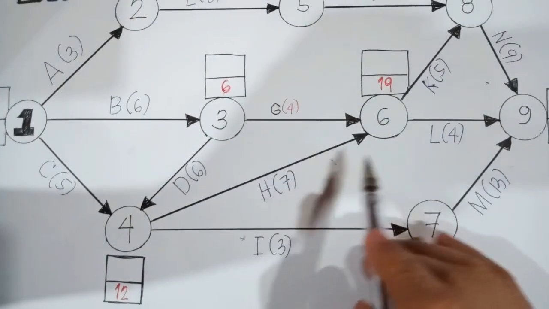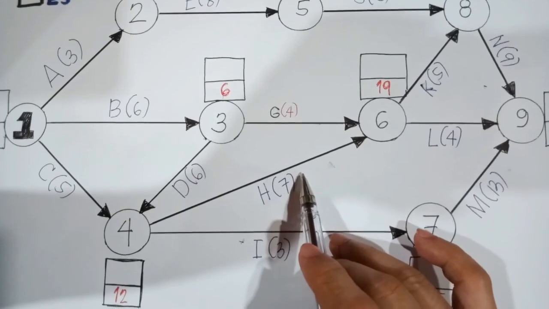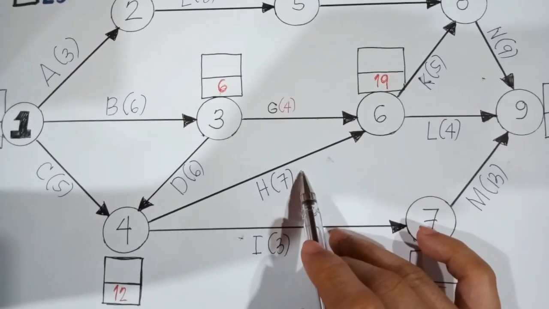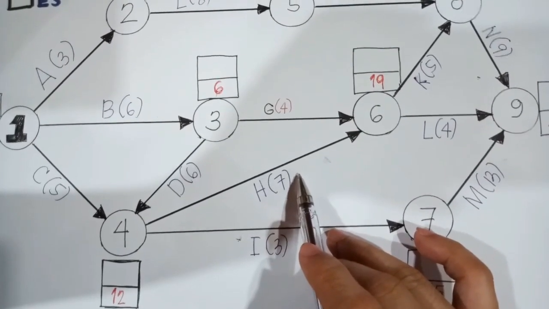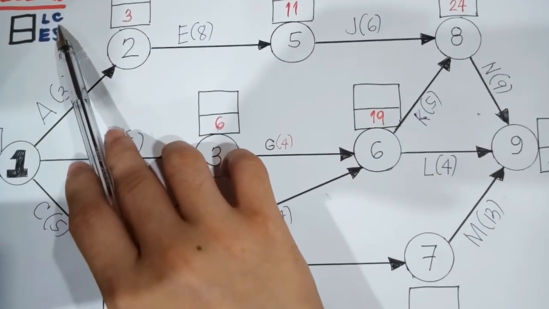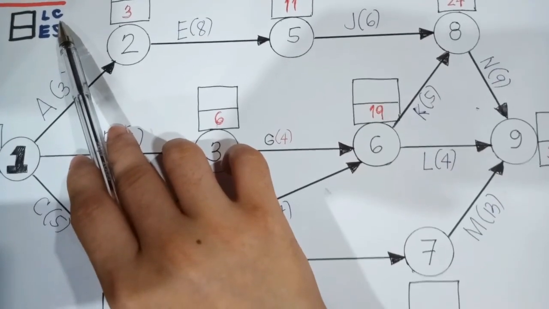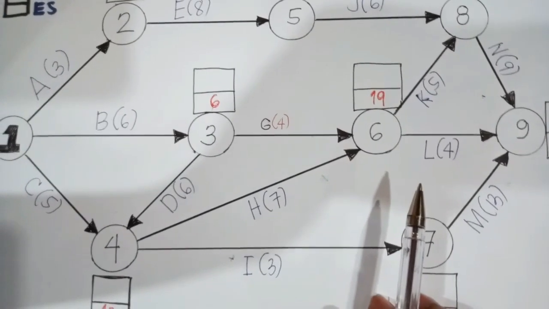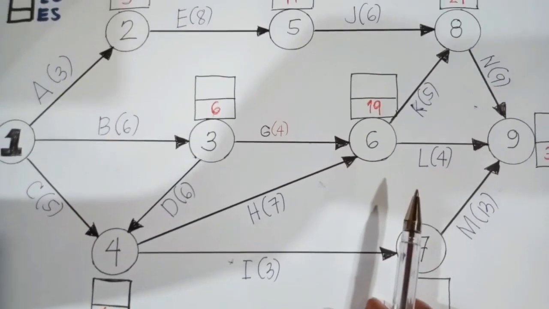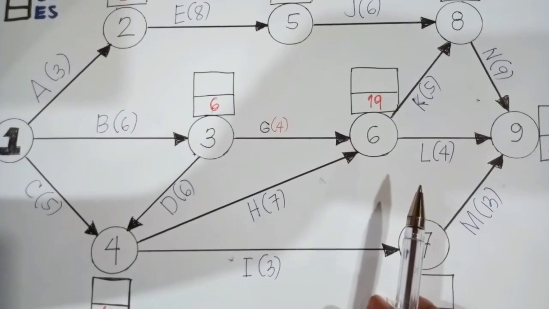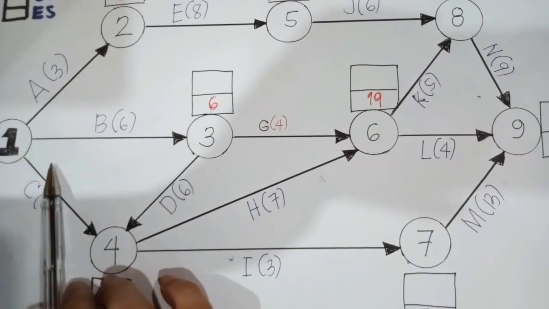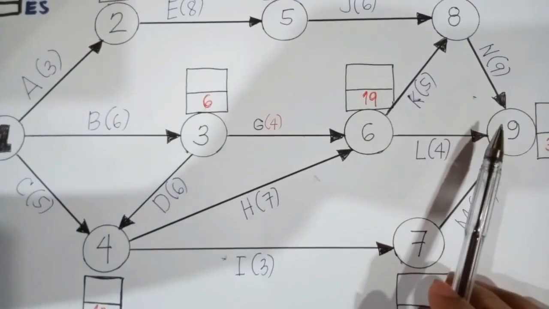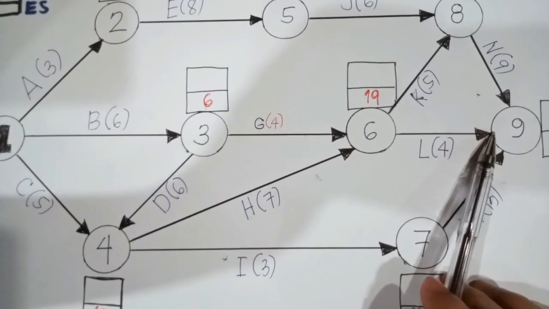Now that we have finally calculated the earliest start time for each and every node, at this point the next thing that we need to do is to calculate the latest completion time of each node. Now take note that when we did the earliest start time calculation, we actually applied the forward pass, meaning to say we started from the starting node, which is node number 1, up until the ending node, which is node number 9.